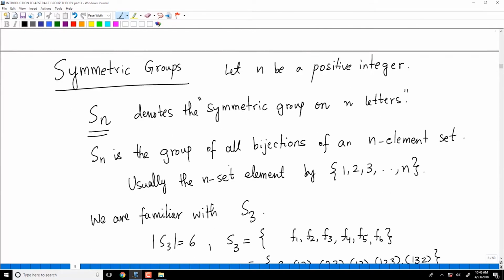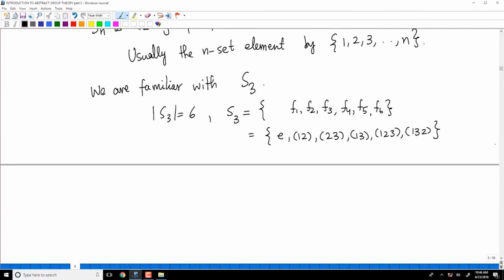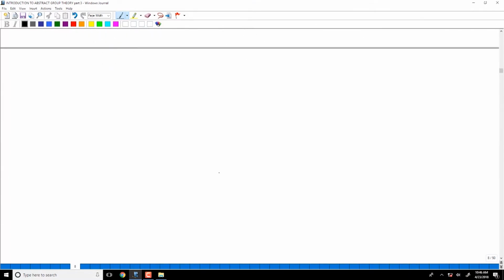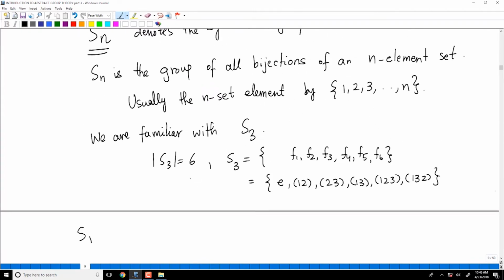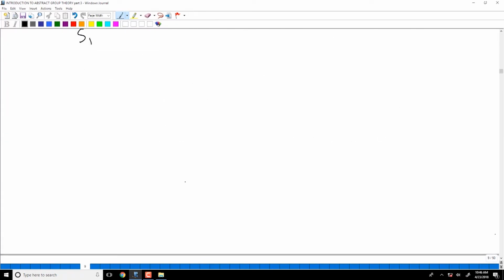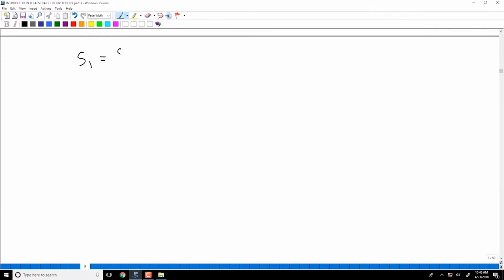For example, let's quickly settle what S1 and S2 are. What would be S1? S1 is by definition bijections of a one element set. What are they?